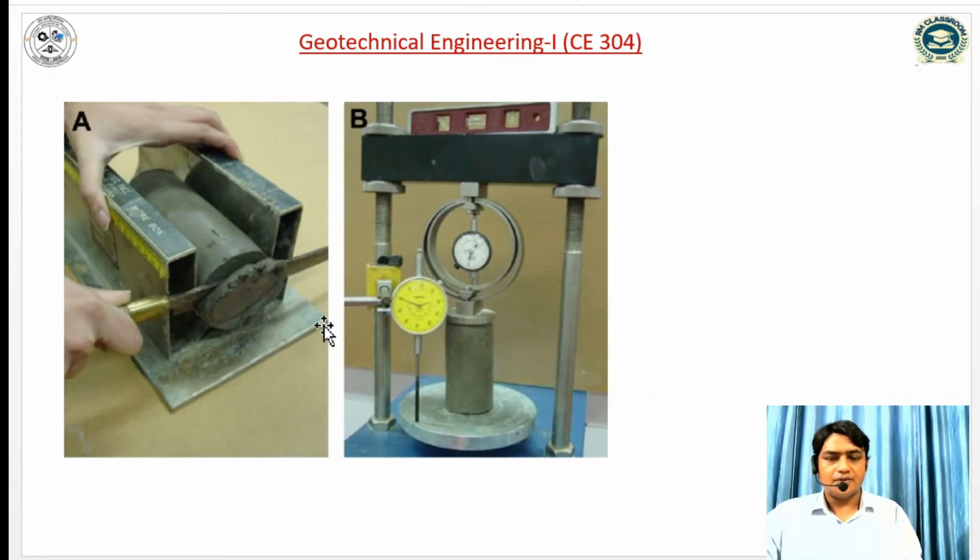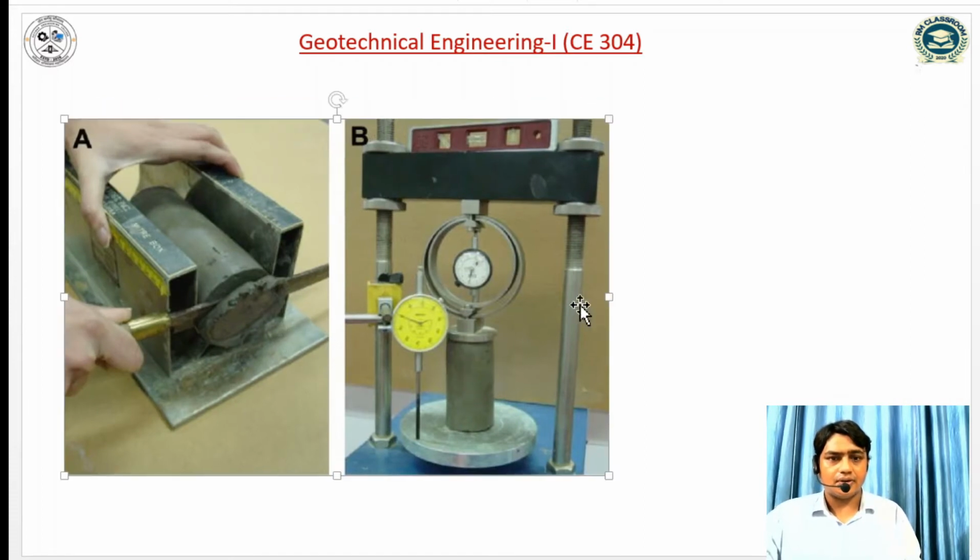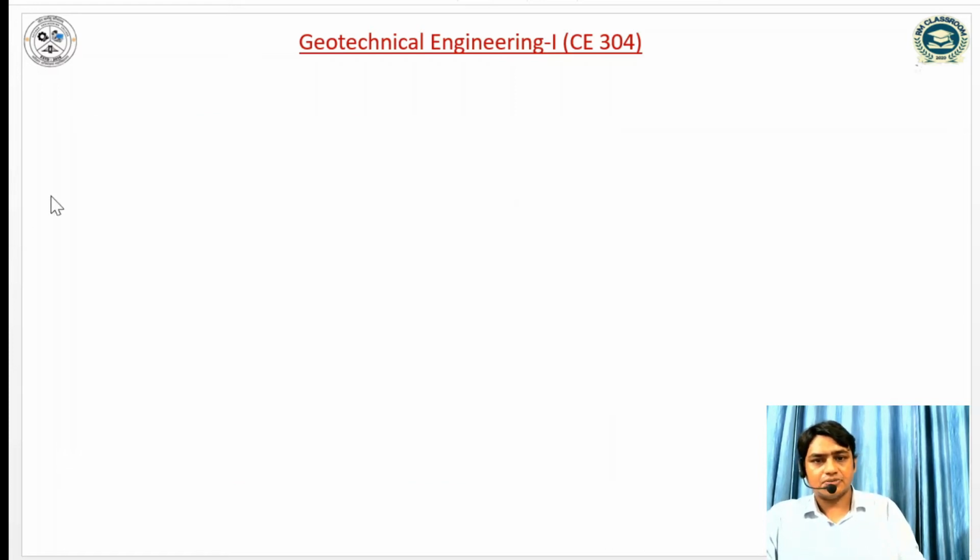Here we can see the soil sample put in the simple compression testing machine, and vertical load is applied. With the help of the dial gauge, we can measure the load. The failure load is measured once the crack or failure of the soil sample takes place. That load is divided by the area of the sample, and that gives the unconfined compressive strength.